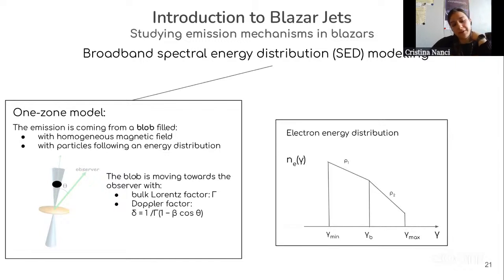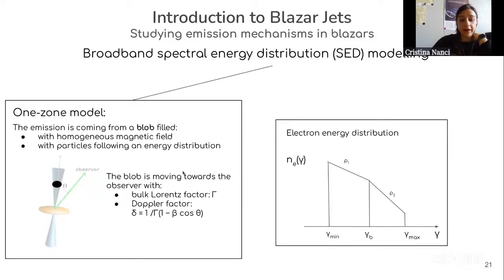The problem with this approach is that we have a high number of free parameters, such as the ones describing the emission region, that are the size of the region, the magnetic field, the Doppler factor, the viewing angle of the region.